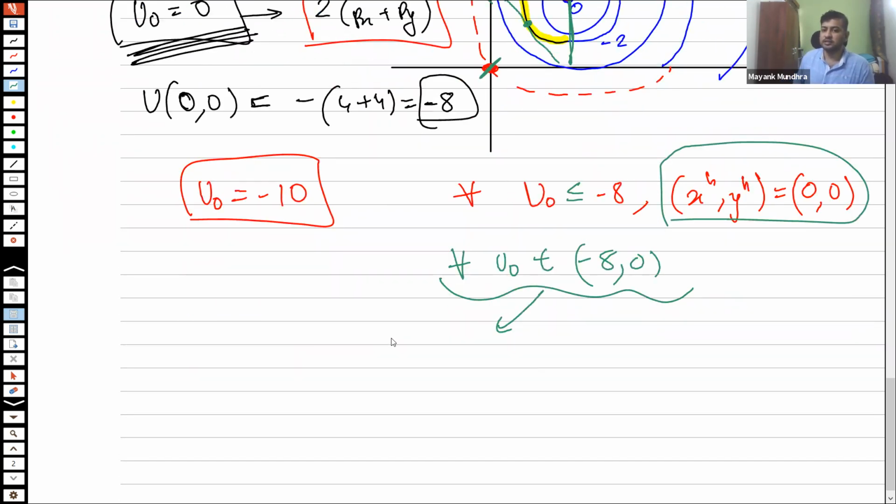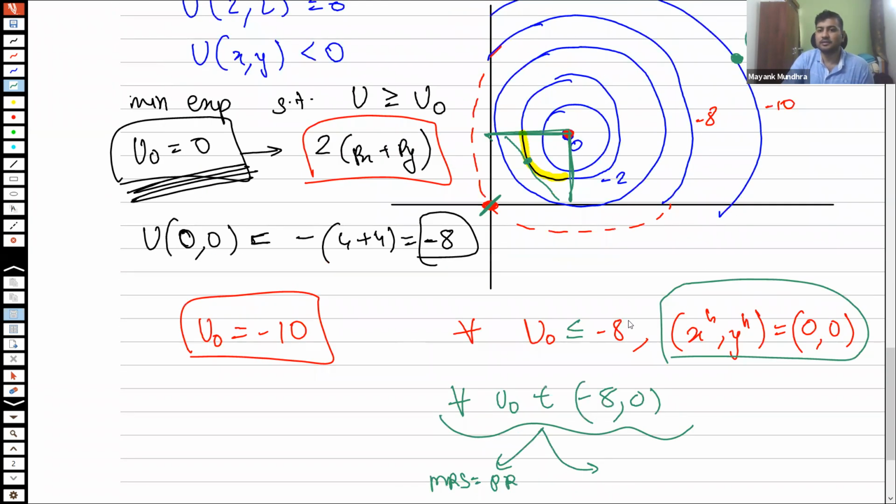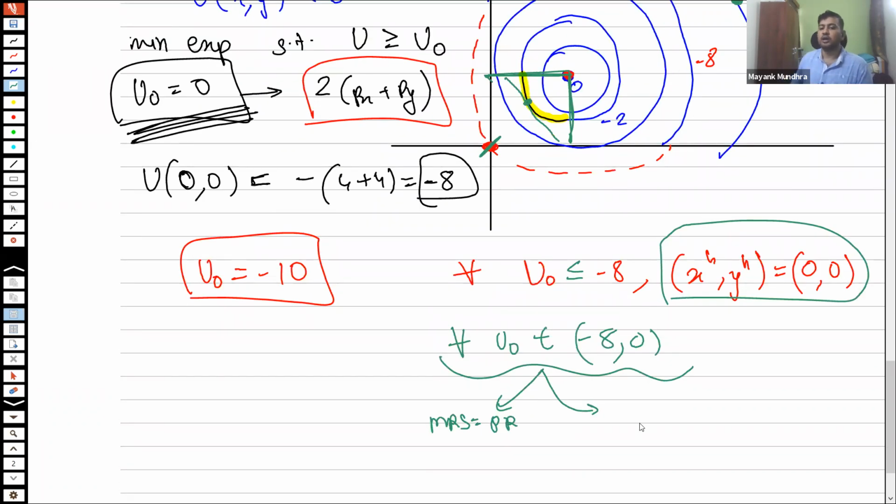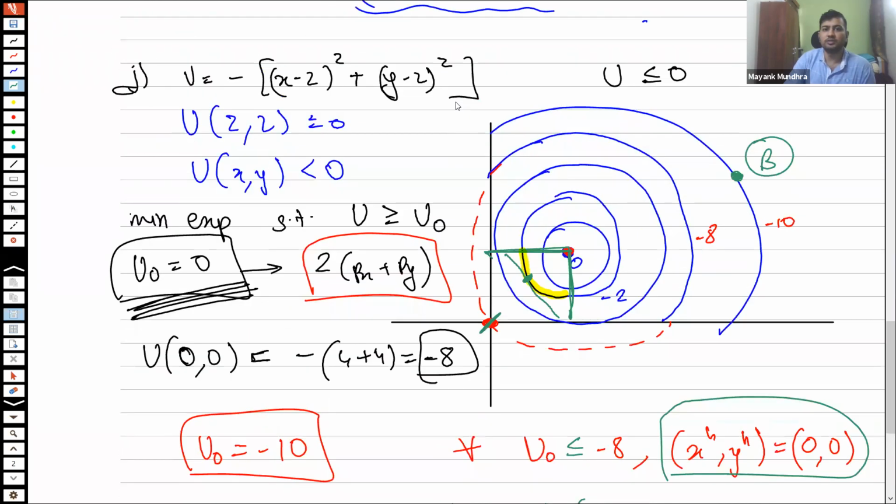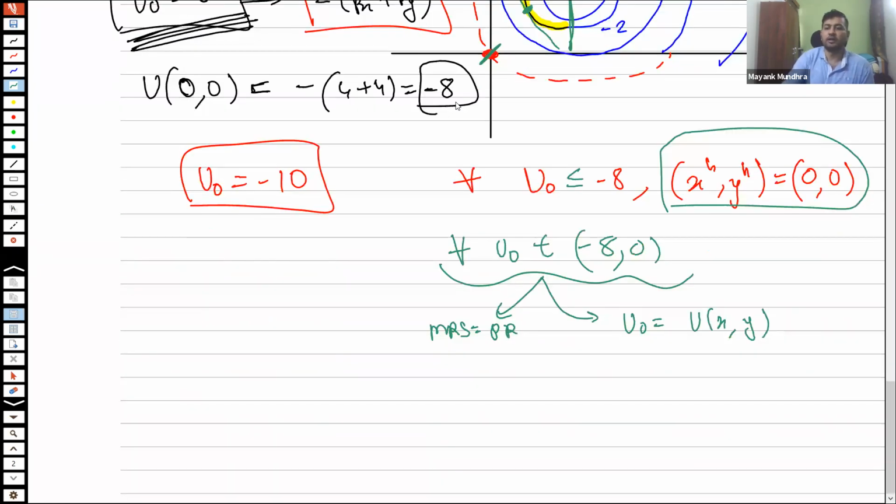So tangency is going to be MRS equals price ratio, and the other thing is your utility constraint, that is U naught equals U of X comma Y. Okay, so that will give you the cheapest bundle to reach this level of utility. So let us do that. Let's find the MRS equals price ratio condition for this case.